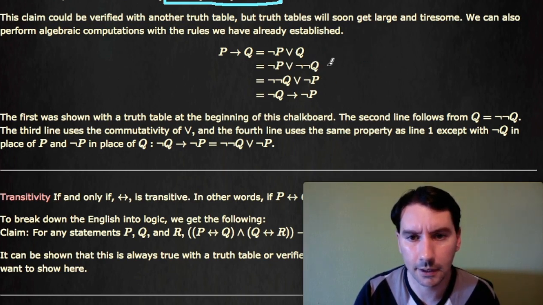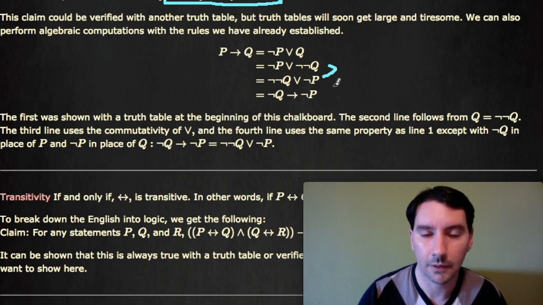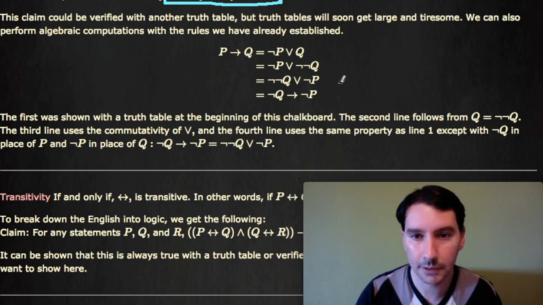Okay, and then to get from this line to this line, we're just going to swap the order. So remember that or is commutative, and I can write not P or not not Q as not not Q or not P. So I'm just reversing the order. And finally, I'm going to use the statement once again. Maybe it's easier to show you going up a line instead of down.